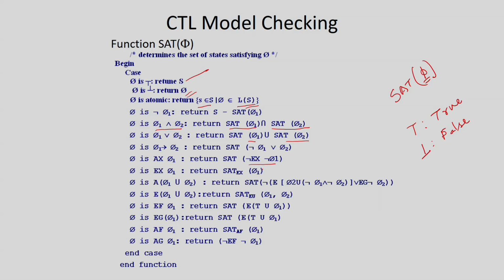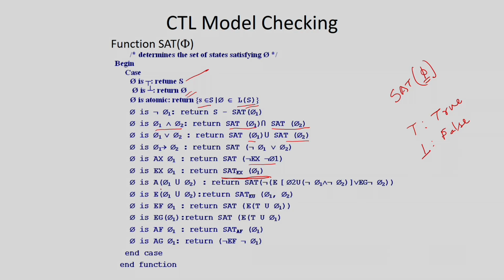So, here we have one subformula not of phi 1, then EX phi 1, then not of EX phi 1. If phi is EX phi 1, then it is going to return the satisfiability of EX phi 1. This is a method we must have, and we are going to discuss this method.